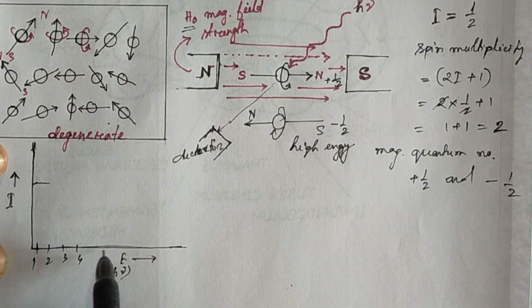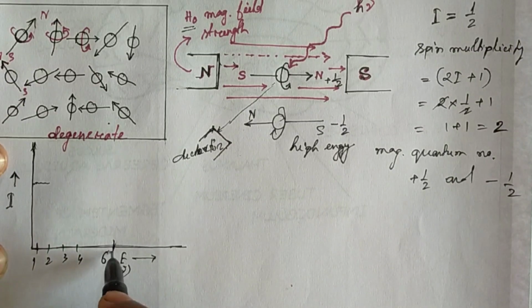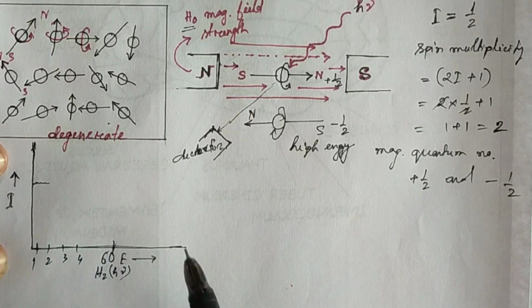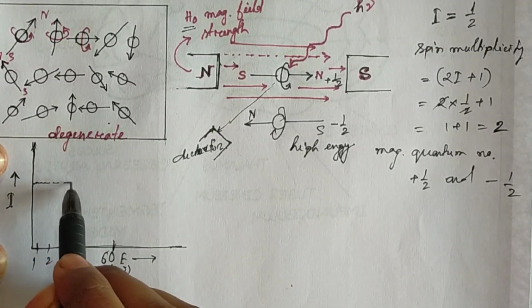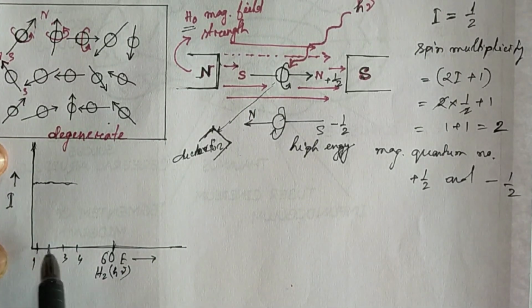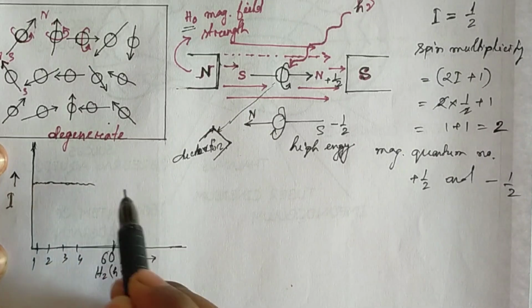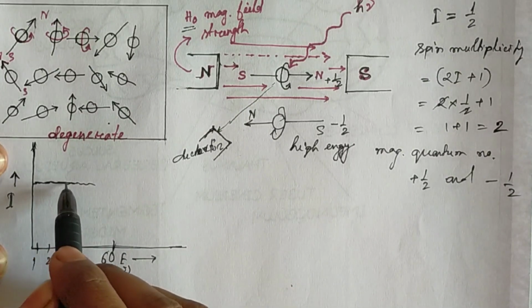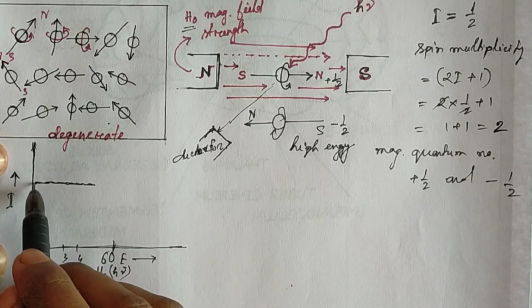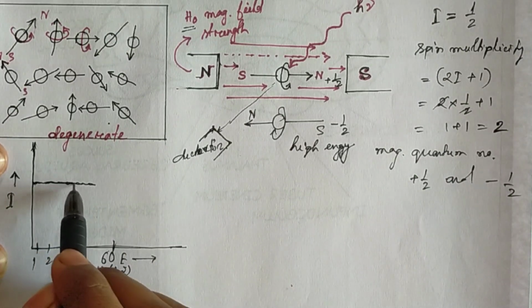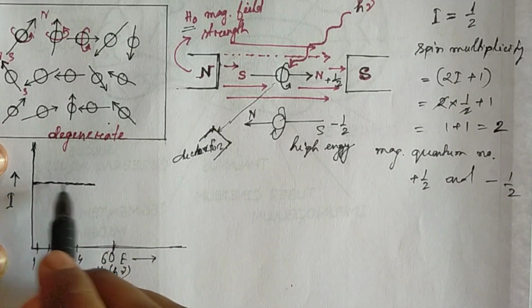So before that 60 hertz, there will be no absorbance, and you will obtain a graph like this.